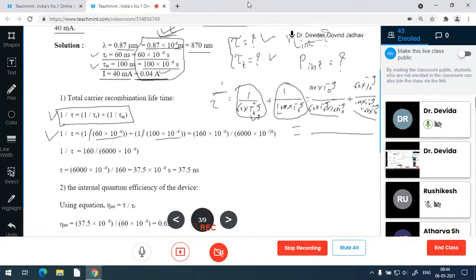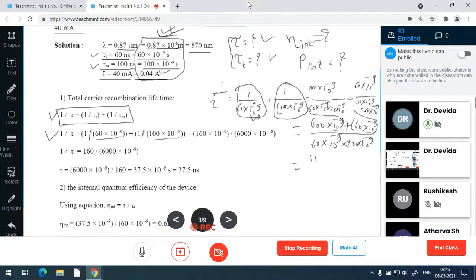So we can take the common denominator, 60 × 10^-9 into 100 × 10^-9, and then the numerators can be added. 100 × 10^-9 is one term, plus the second term, 60 × 10^-9. In this addition we can take 10^-9 common.